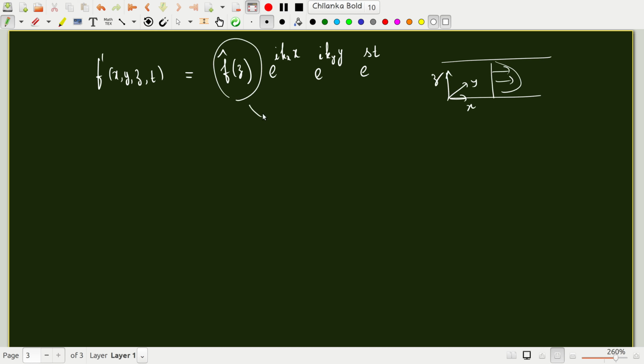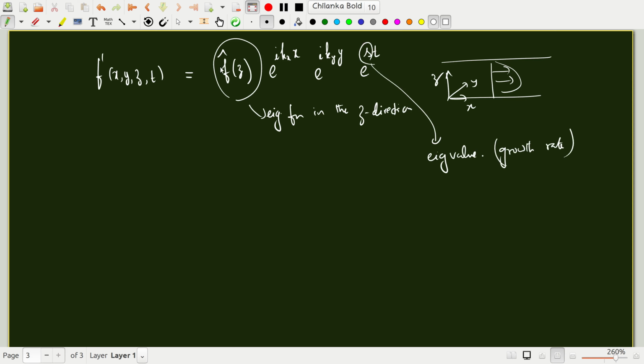Therefore this is the eigenfunction in the z direction that must be calculated or solved for, and the eigenvalue is the growth rate. Okay, so no need to worry about the initial condition.